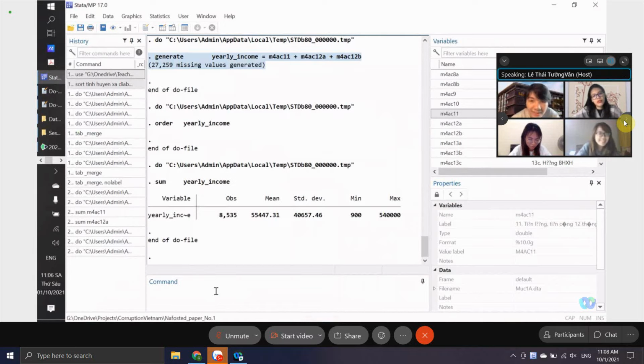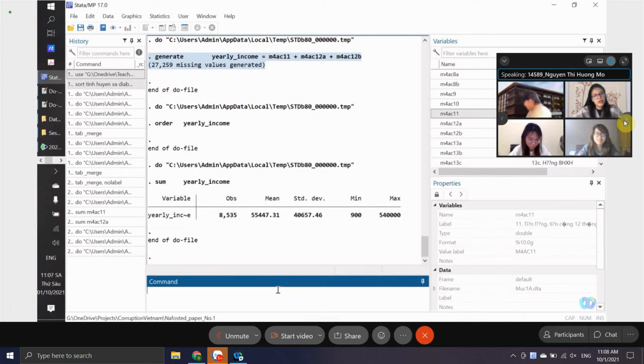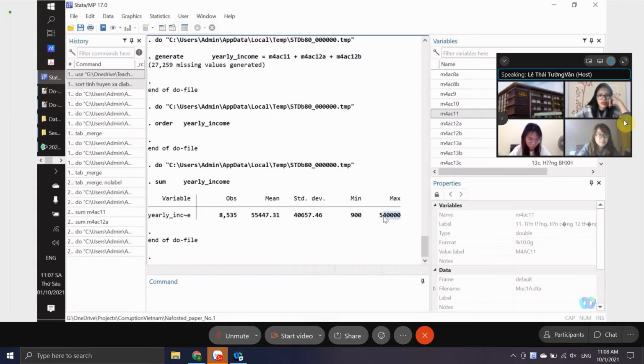I mean the mean value. Is it 55 million? Okay, good. 55,447,000, right? Yes. Okay, good. Now, that is yearly income, right? So the max is 540 million. Yeah, 540 million.